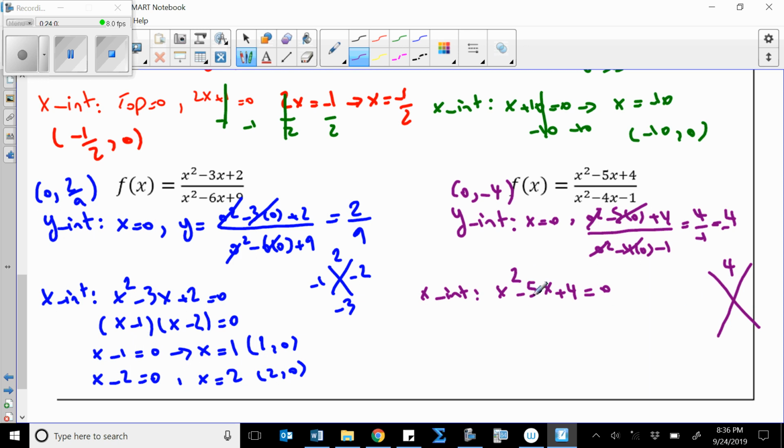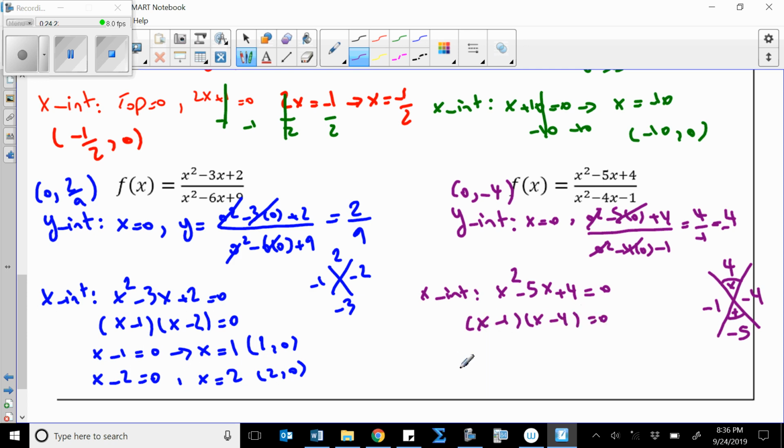On the bottom goes the b value, which is negative 5. The two numbers can be negative 1 and negative 4. If you multiply them, you get 4, and if you add them, you get negative 5. So it's x minus 1 and x minus 4 equal to 0.